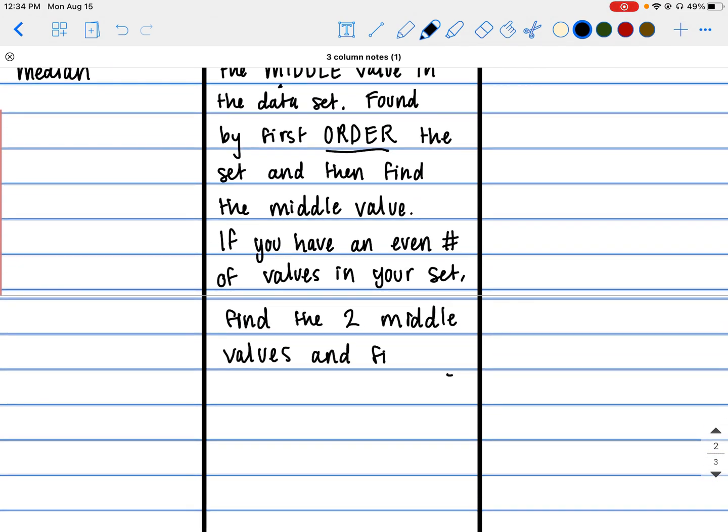So you can use mean again. Find their mean or their average. All right, and I will demo both of those for you, okay?